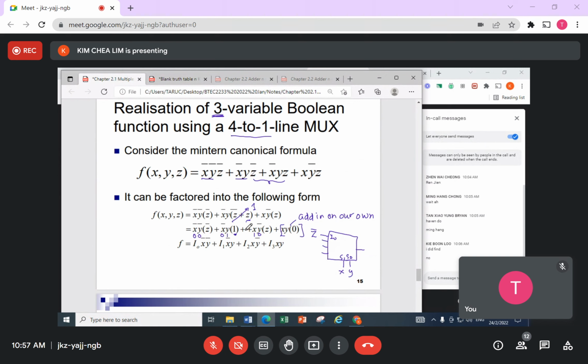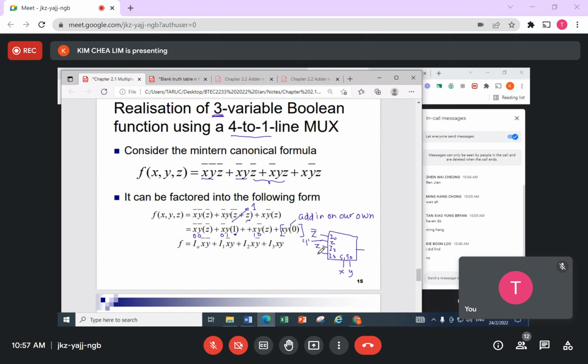0, 1 that time, it's a constant 1. So easy, I make it connect to a 1. 1, 0, that forms my I2. This is I1. This is I3. So this one here, I make it connect to a Z. Whatever is the condition of the Z, this is the result that you're going to see here.